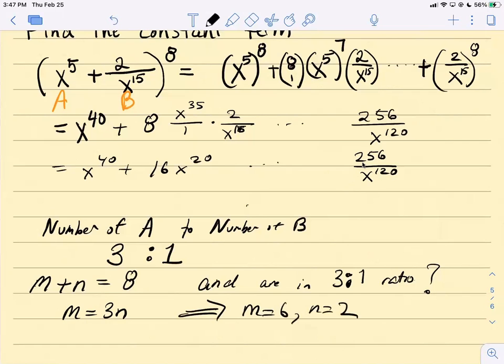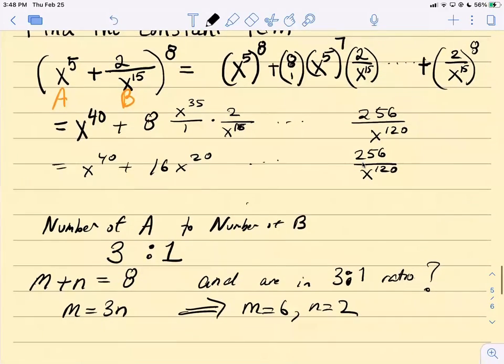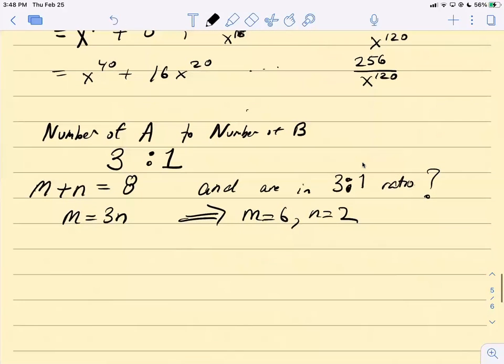So let's just plug it in and double check that we can make that work. So what we do here is we write x to the 5th raised to the 6th all over 2x to the 15th, squared.